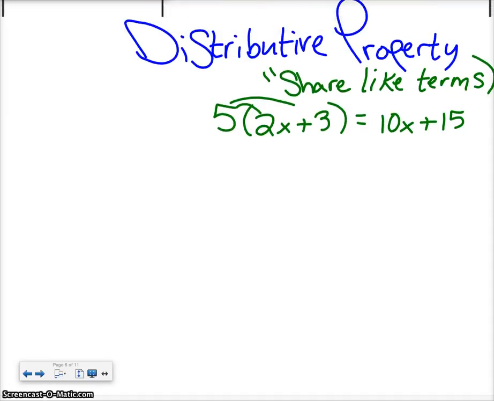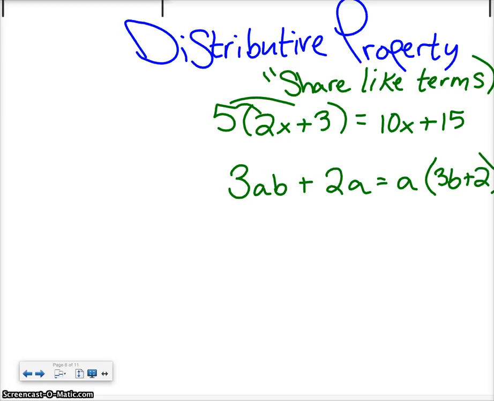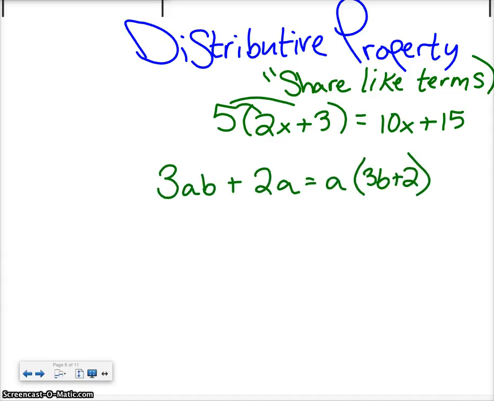2x plus. Now you could have something like this. You could have 3ab plus 2a equals a times 3b plus 2. They're going to show you something like this. They're not going to expect you to do the factoring. Factoring means taking out something that's alike.